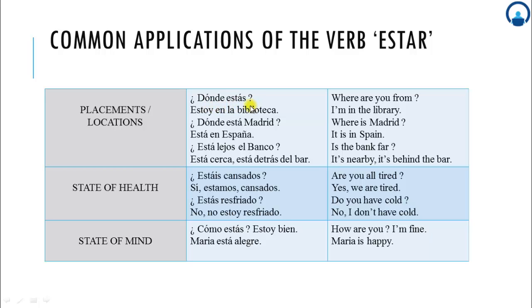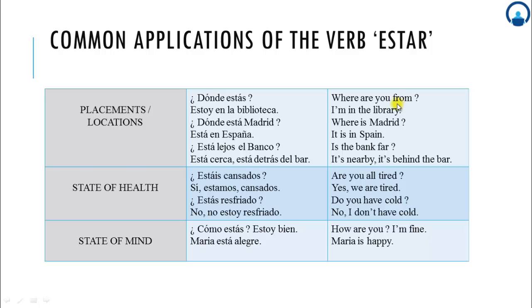¿Dónde estás? Where are you? If you compare this with the verb ser, we had asked a similar question which might sound the same in English, where are you from? But in Spanish it was ¿de dónde eres? That means where are you from? I was using the verb ser over there, eres.